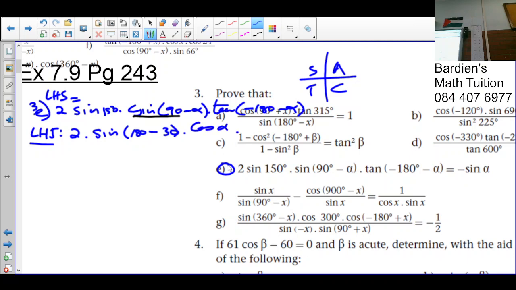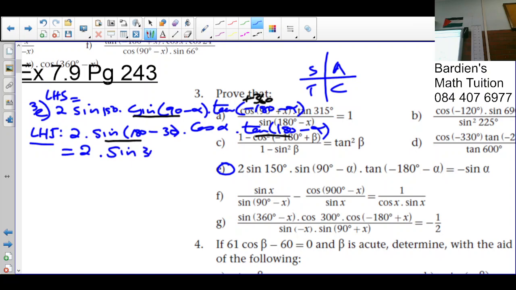What do I do there? Add 360. So that becomes tan of 180 plus... no, 180 minus alpha. 180 minus is in which quadrant? Second quadrant. Sine positive or negative? Positive.